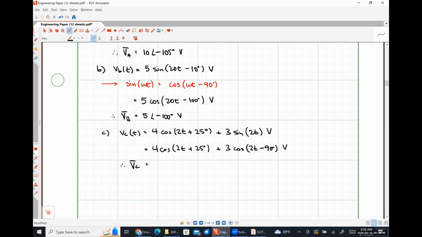When we're dealing with voltages and currents specifically, no. The angular frequency, the bit being multiplied by t, is going to be extremely important when we're looking at impedances, specifically for inductances and capacitances, because the impedance of an inductor and a capacitor is frequency dependent.